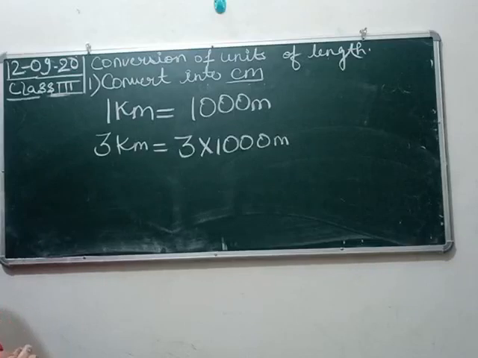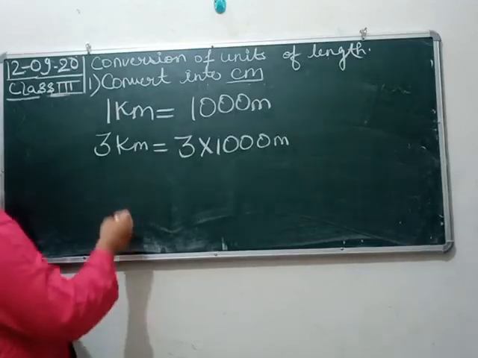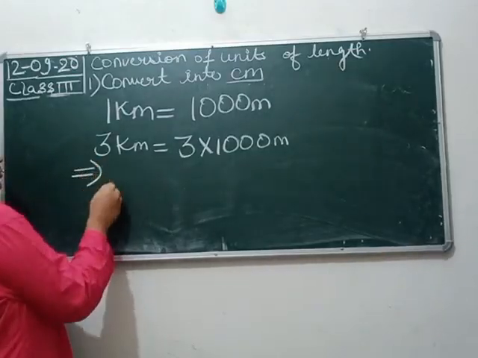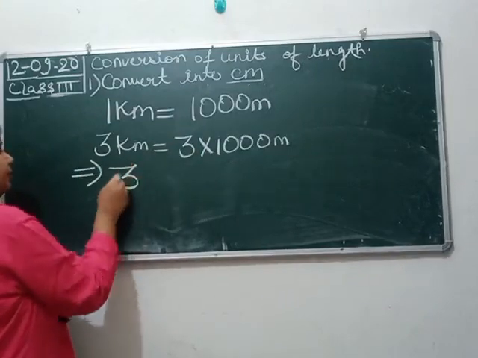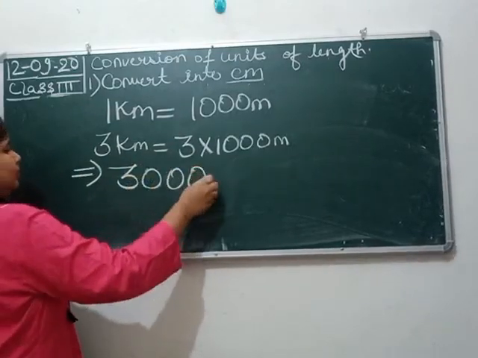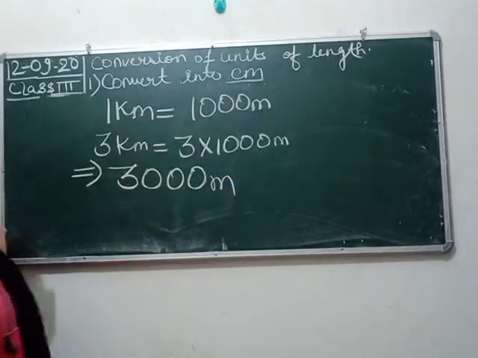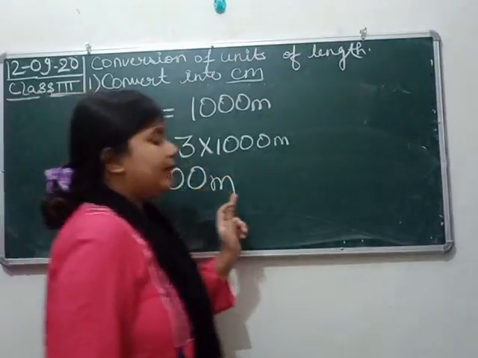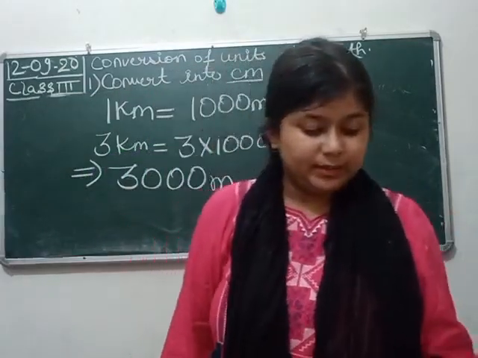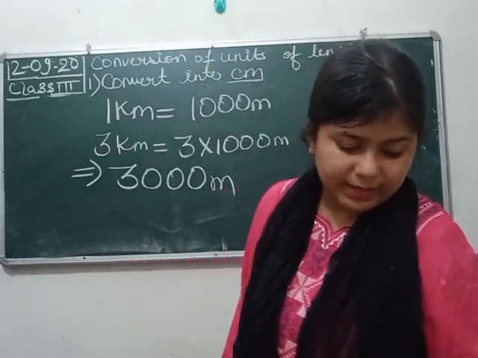So 3 into 1000 meter, that means 3000 meter. So what did we do? We multiplied by 1000 and converted. Okay, we converted by multiplying.